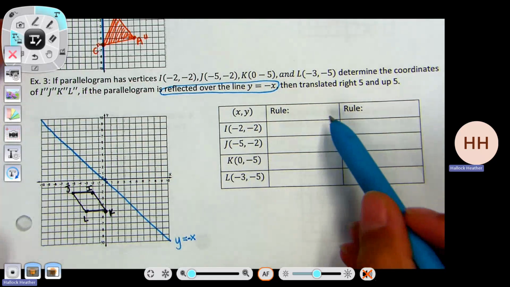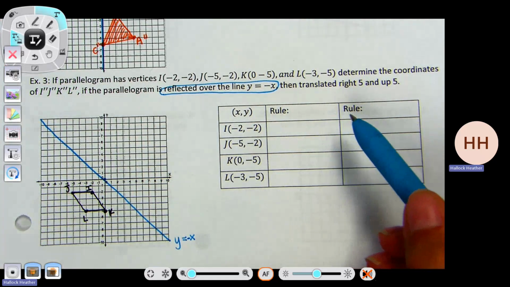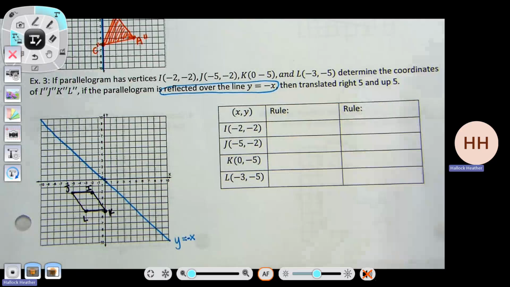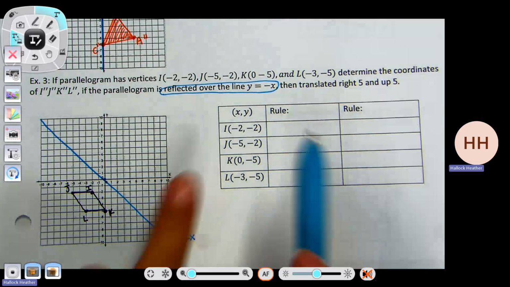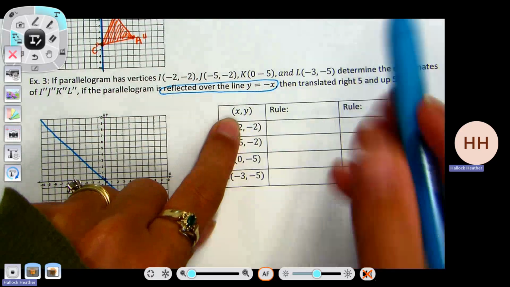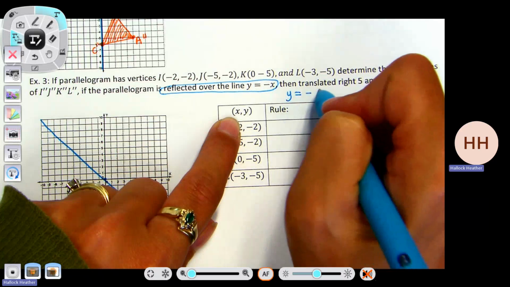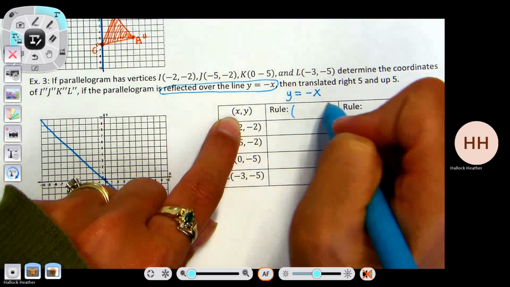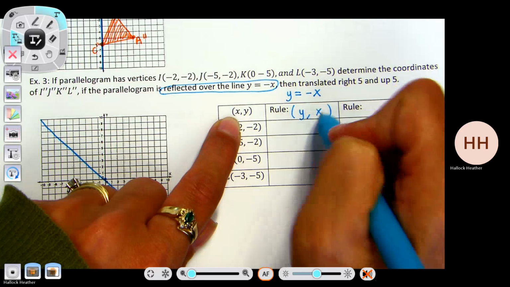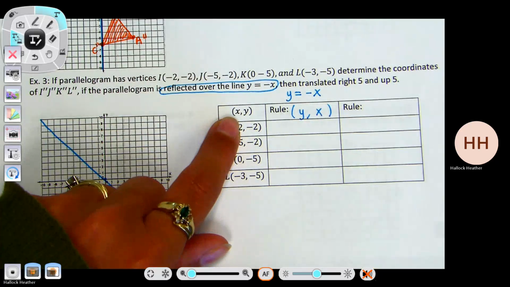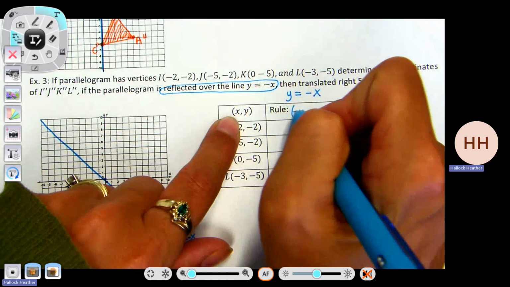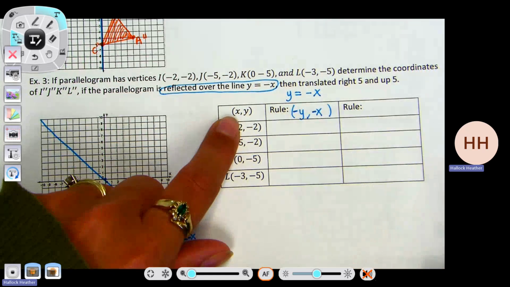So if it's reflecting over a negative line, these are the ones that you need to remember. Your coordinate changes from X, Y just like a normal X, Y. And what it's going to do is it's going to flip. And does anybody else remember what happens with it? It doesn't just flip the negative line. It turns negative, but both values are going to turn negative.